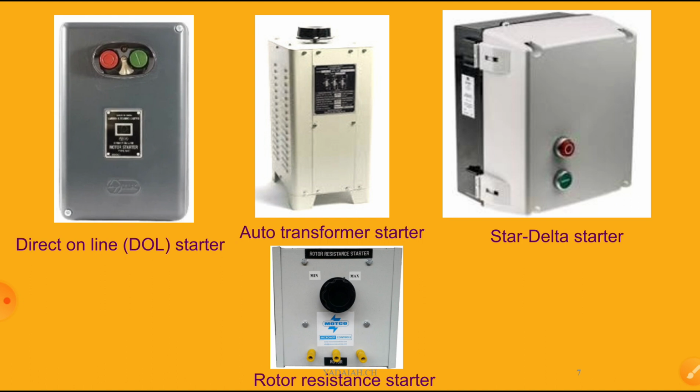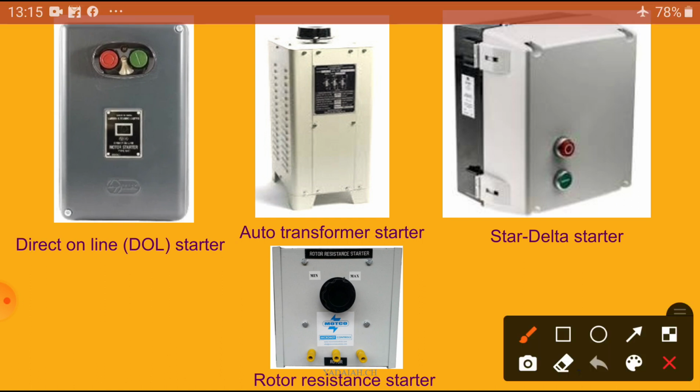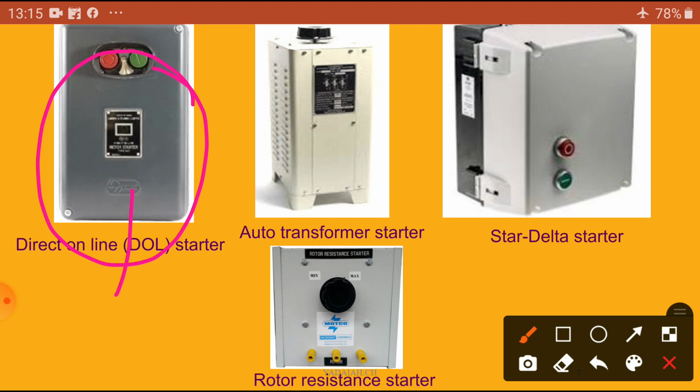Now let us see about this one, the DOL starter. What is the DOL starter? What is inside? What is our simple circuit? We can easily understand it. Okay, let us see it.